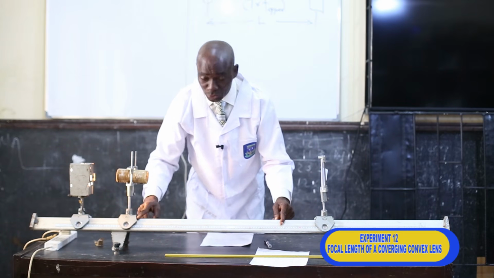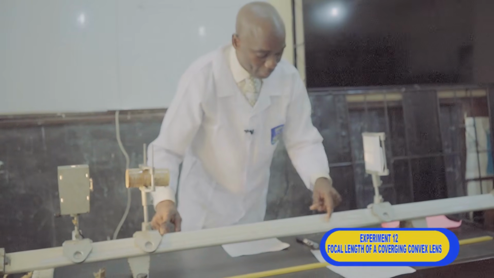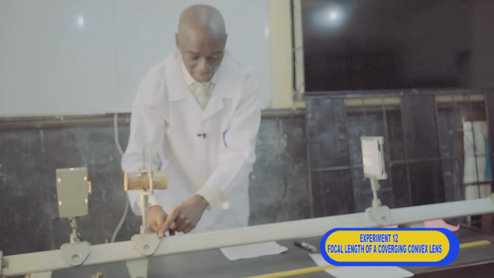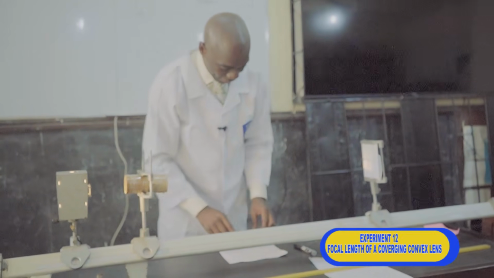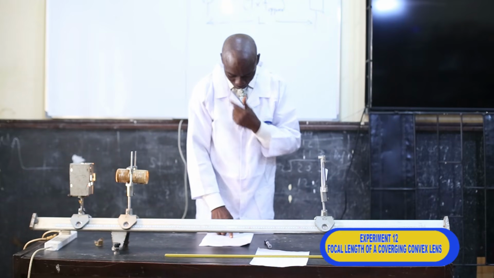L1 is greater on the meter rule than L2. So we have L1 minus L2 as our D.